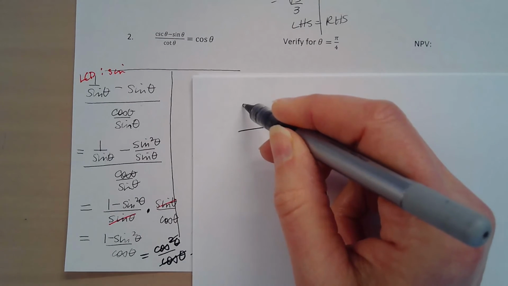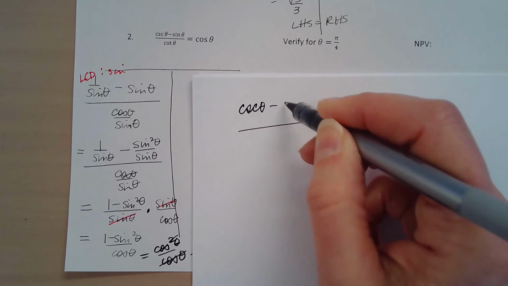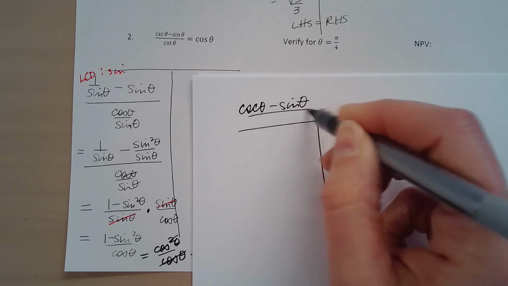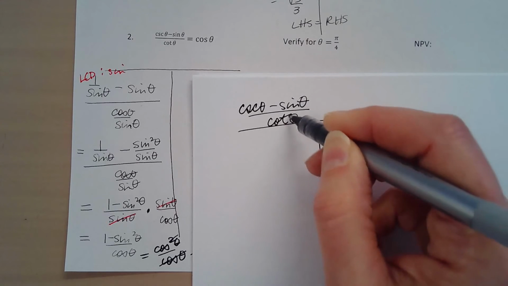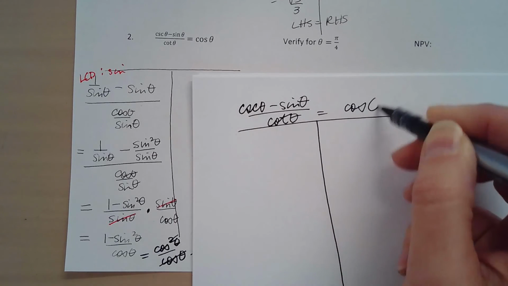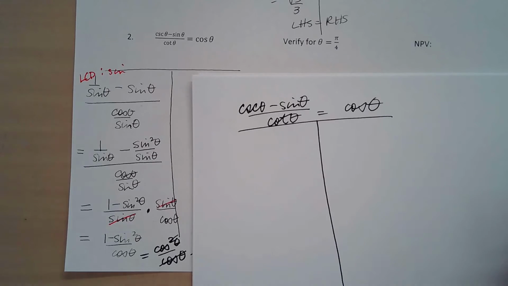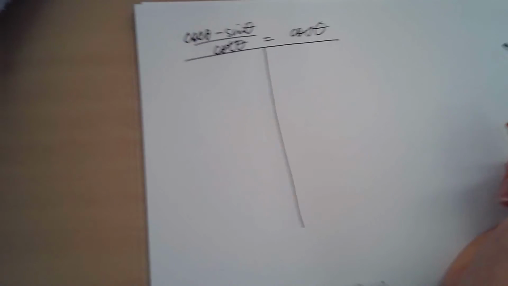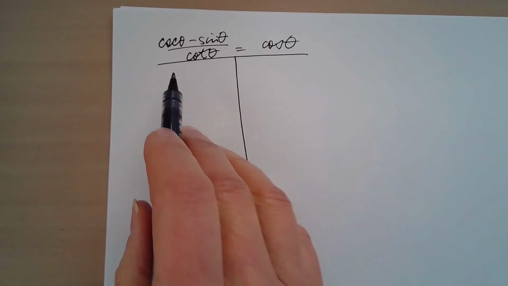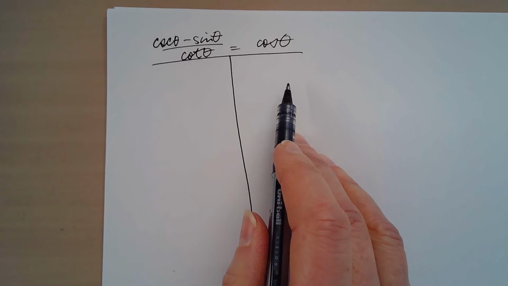So we have cosecant minus sine. Tell me if you think this is a strategy that you might employ too. The one thing for sure is we know that there's got to be a heavy duty amount of canceling going on, right? If I'm going to take all of these trig functions and they all simplify to cos, there's going to have to be lots of canceling.